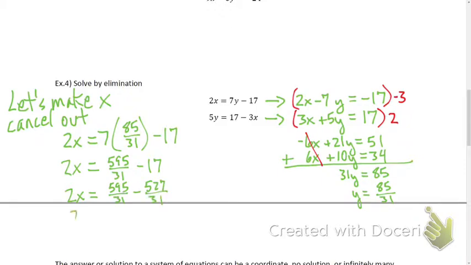That ends up being 2x equals 68 over 31. And then you divide both sides by 2, and you finally end up with this number here. So final answer is this horrible thing. It's good fraction practice, though.